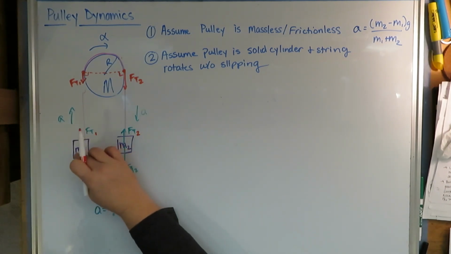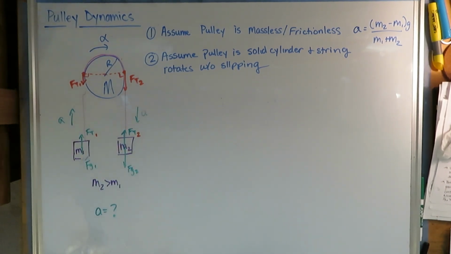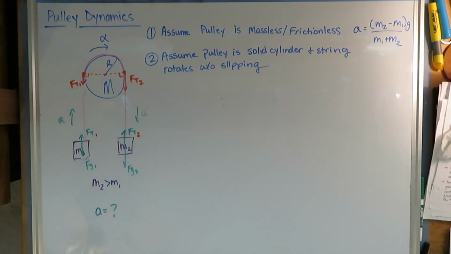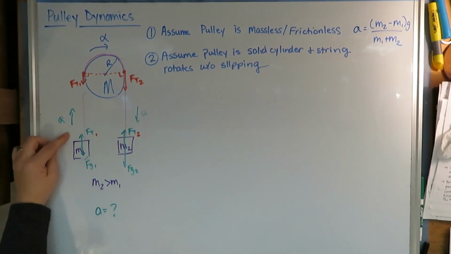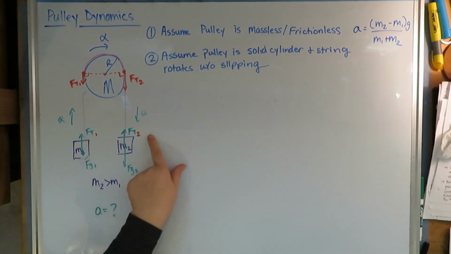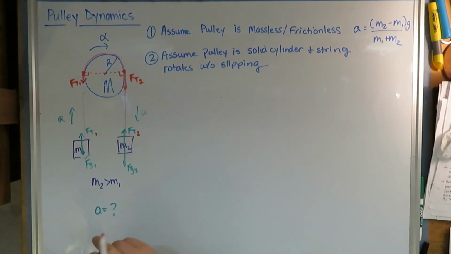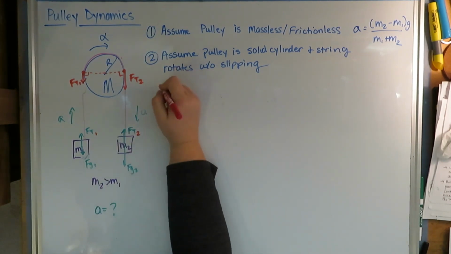And then I'm going to have to make this guy here even smaller just to better represent the fact that tension 1 still has to be bigger than gravitational force 1. Tension 2 still has to be smaller than the gravitational force 2. So then I need to write the equation for the net force on each of my blocks like I did before.